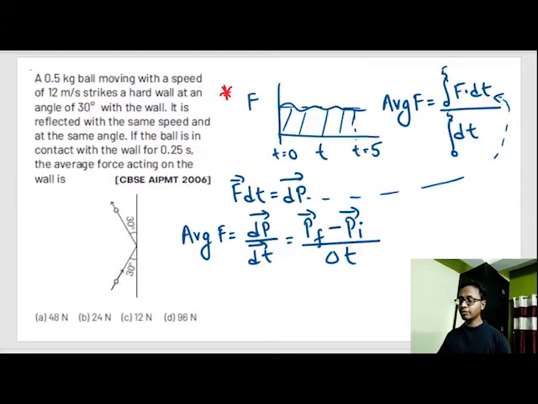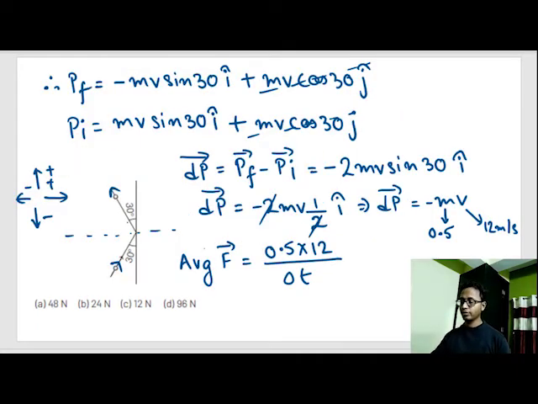Delta t is nothing but the time for which the force was applied, the time for which the wall applied the force on the ball. It is equal to 0.25 second. The answer comes out to be 24.